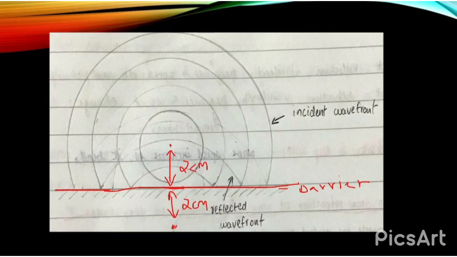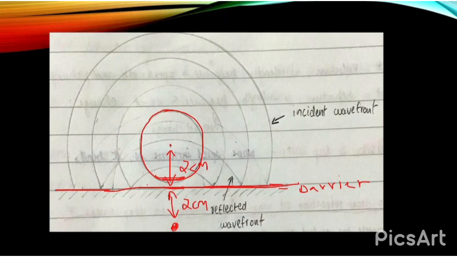So keep your compass on the point below over here, and then measure the distance. Also you need to remember that you can't draw the reflected wave fronts of the circle as it's not touching the surface. You can only draw the reflected wave fronts of the circles which are touching the barrier.